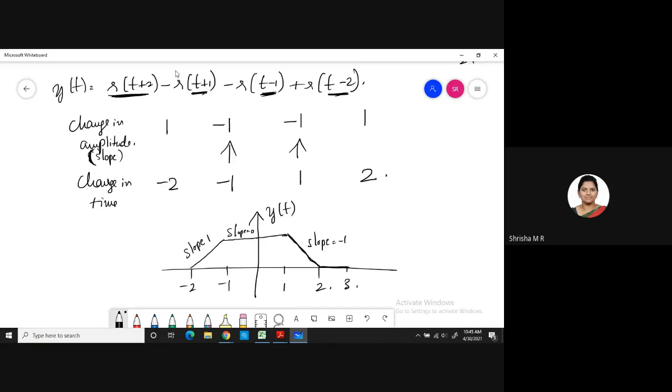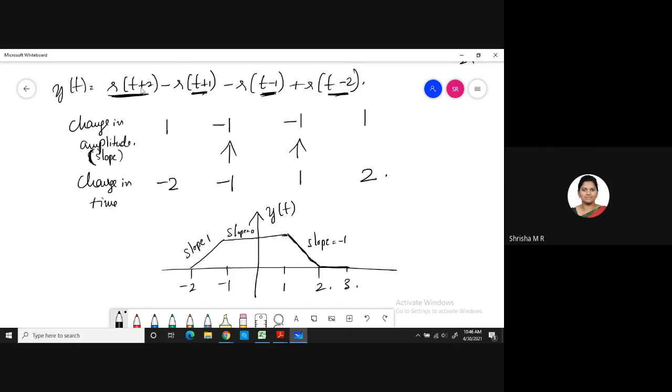Here it is minus 1. Here also it's minus 1. Here also it is 1. And change in time means at what instant this signal is occurring. r of t plus 2 is occurring at minus 2. r of t plus 1 is occurring at minus 1. r of t minus 1 is occurring at 1. And r of t minus 2 is occurring at 2.